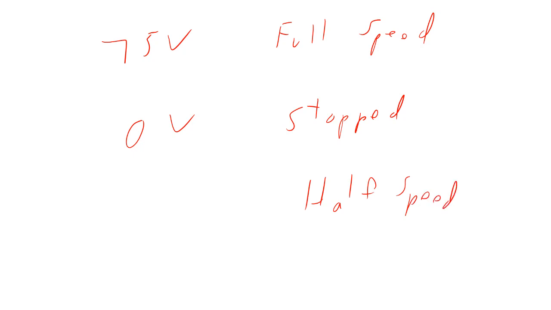what's the back EMF? Well, it's not really all that complicated. It's going to be half of the full EMF. So in other words, 37.5 volts. So now the question is, how much current would the power tool draw if it's spinning at half speed?